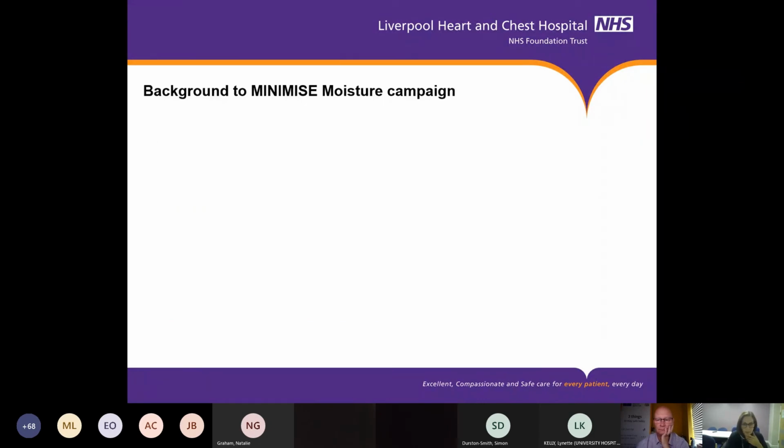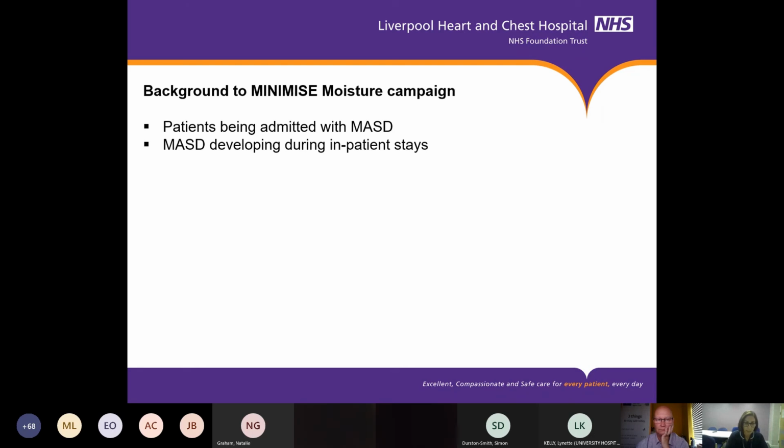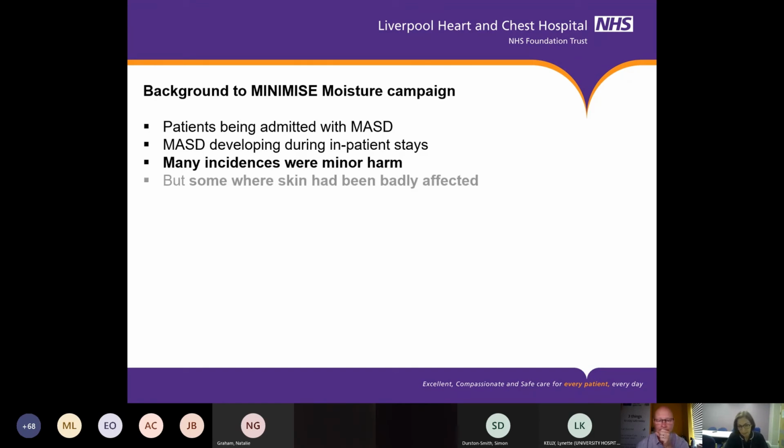So, a background to the Minimise Moisture campaign. We were seeing patients admitted with MASD, and we were also seeing patients develop it during their inpatient stay with us. In many instances, of course, they are minor harm, but harm nevertheless. But there are some where skin can be quite badly affected, and we talk about the constant pressure to reduce pressure ulcers as organisations.